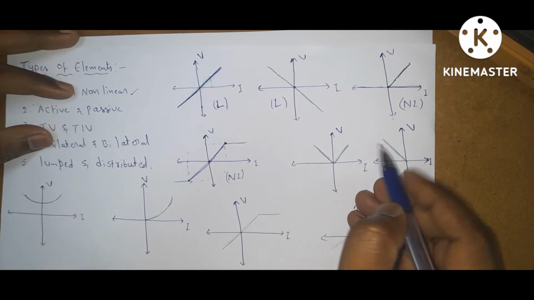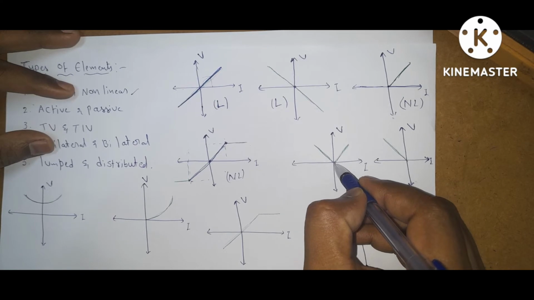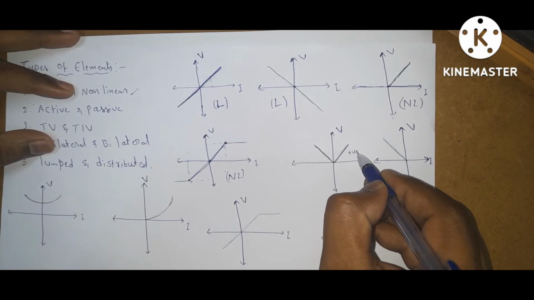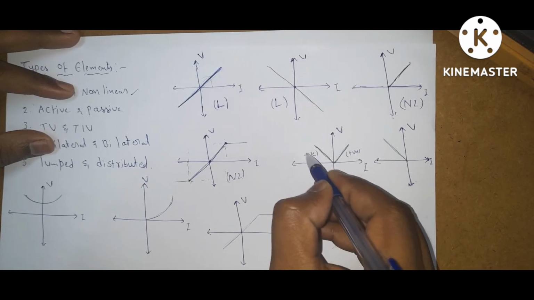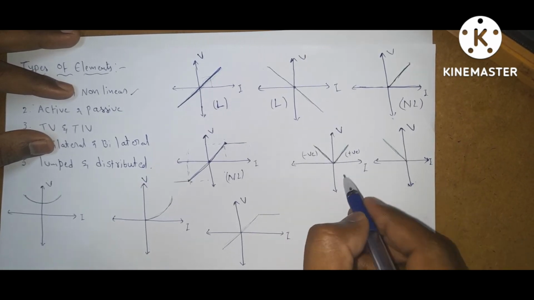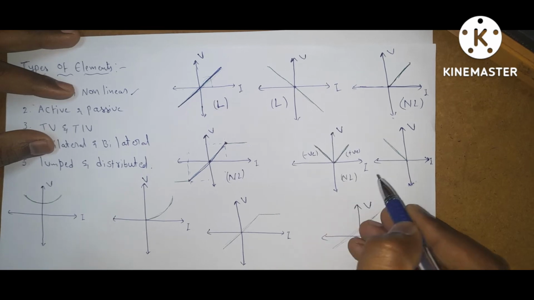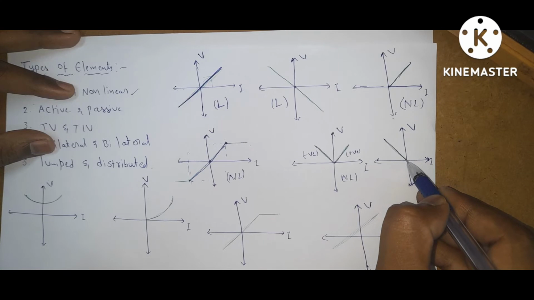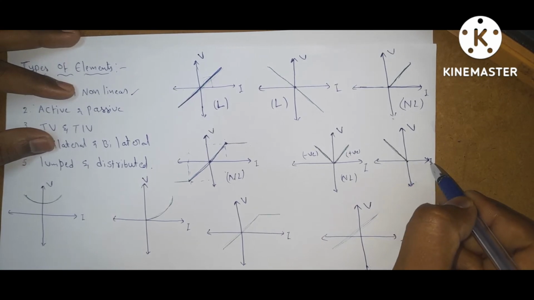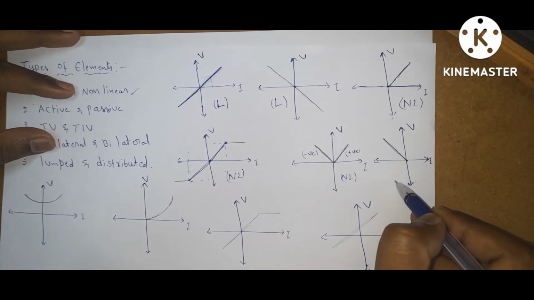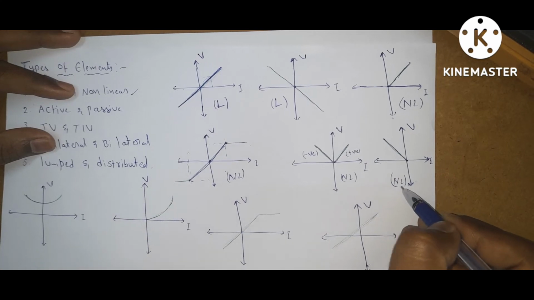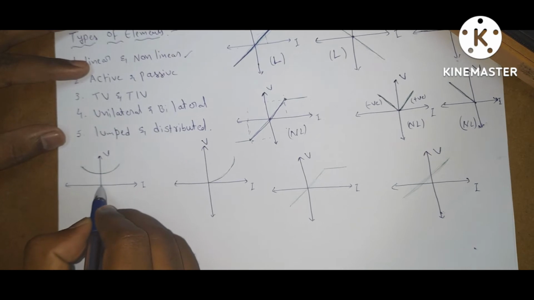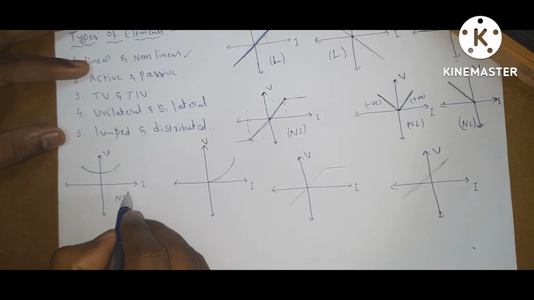Coming to this graph, the line is passing through the origin, but it has positive slope and then negative slope. Slope is changing, so it is non-linear. Here also, only in the second coordinate, for positive values of current there is no slope, so it is non-linear. Coming to this graph, it is not passing through the origin first of all, so it is non-linear.